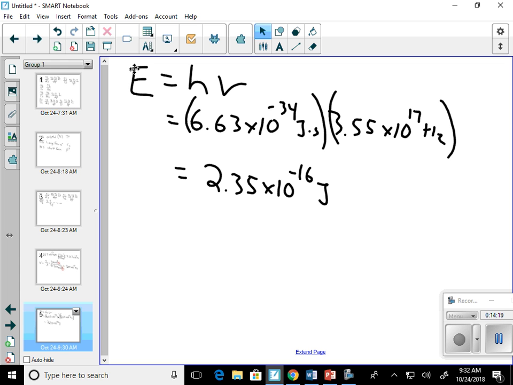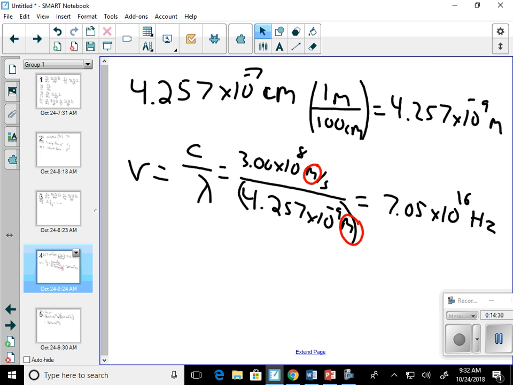What I'd like to end class with is going back to that previous problem for a second. Okay? Because what you will most likely see is I will give you a wavelength, and you'll have to solve for how much energy is that wavelength.